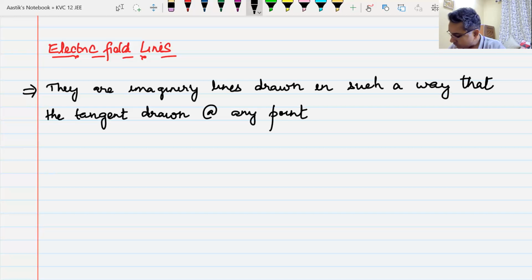The direction of electric field. Only the direction. What about the magnitude?